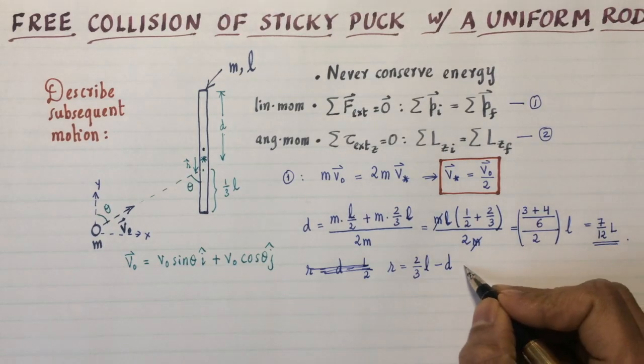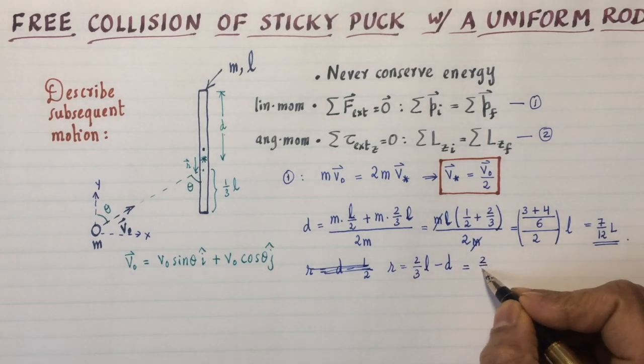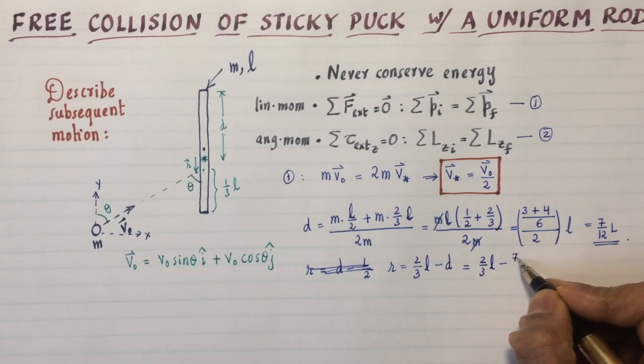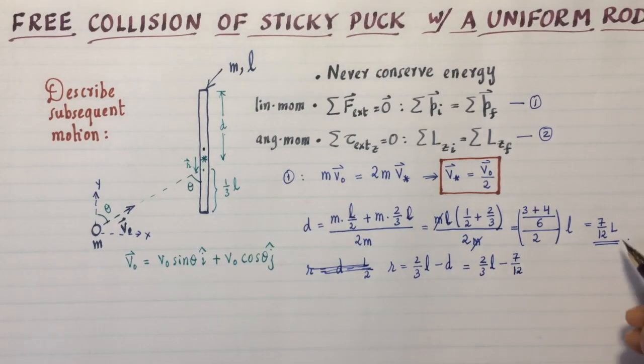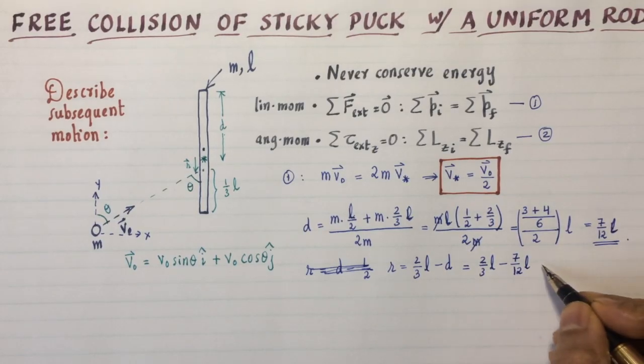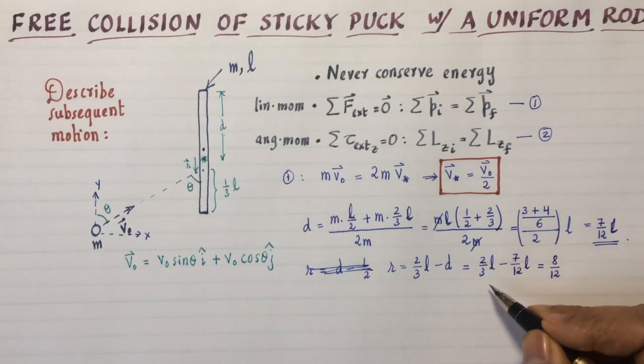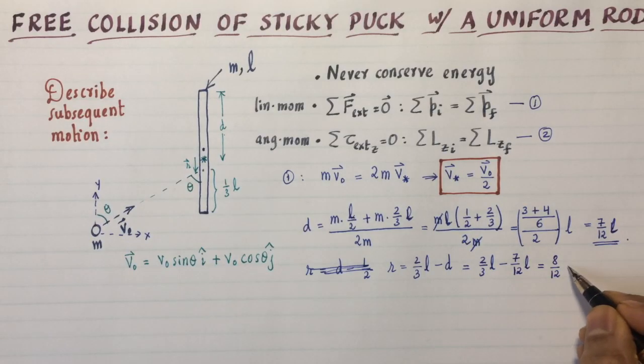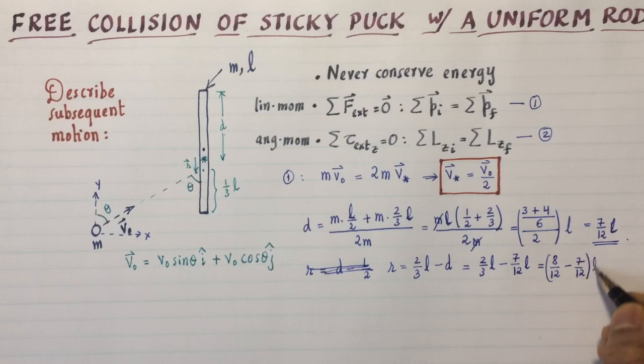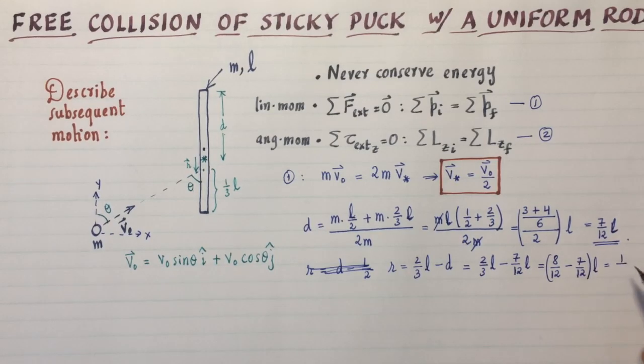So let's find out what that is. It's 2/3 L minus 7/12 L, and that's going to be 8/12, if I multiply the numerator and denominator by 4, I get 8/12 minus 7/12 L, or 1/12 L.